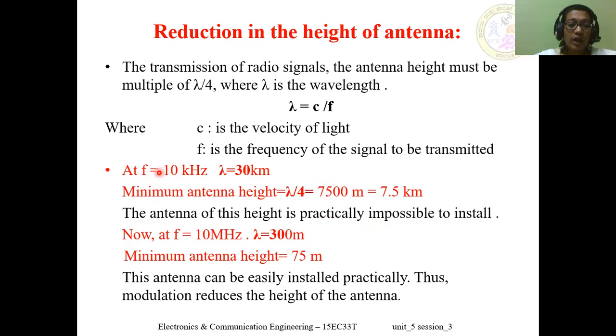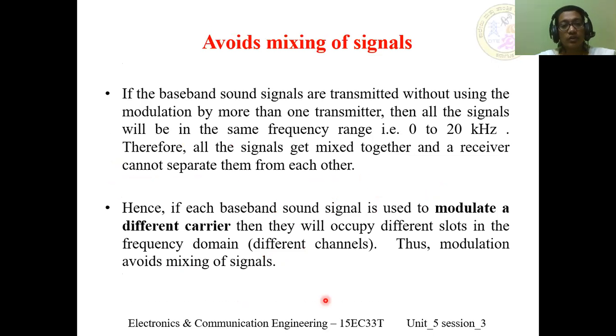So if we go for a modulation, then the frequency becomes higher. Suppose it is 10 megahertz, then lambda becomes 300 meters, then the minimum height becomes 75 meters. So this is practically achievable, so modulation reduces the height of the antenna.